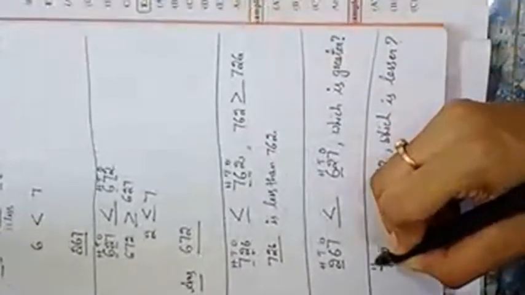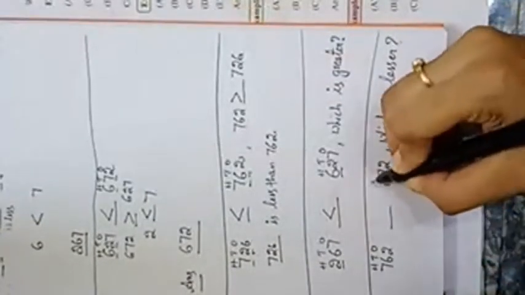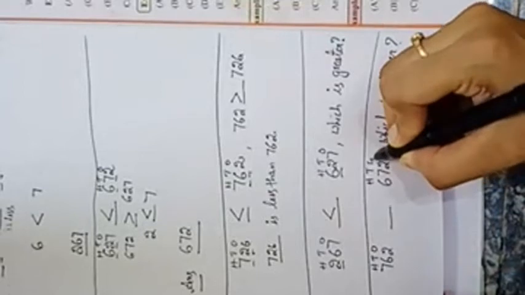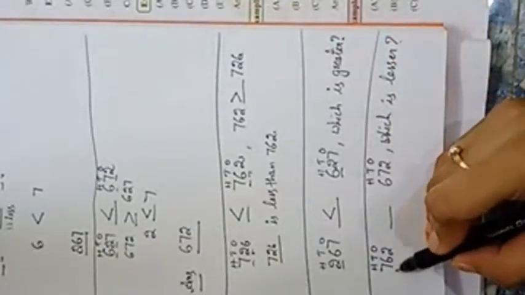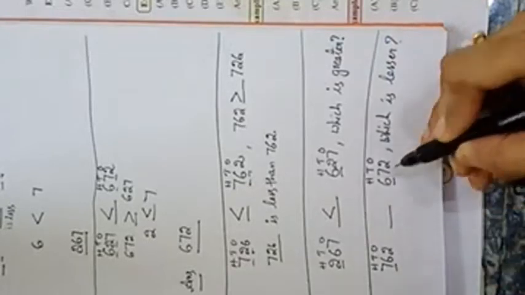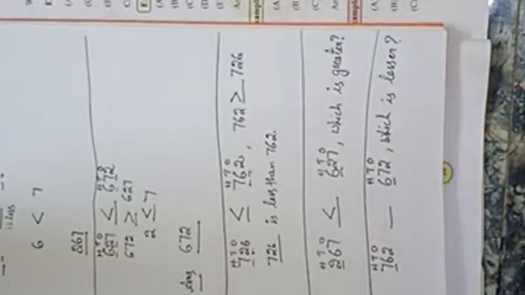He's asking us to find out which is the smaller number between these two numbers. So observe carefully. First you write hundreds, tens, ones. Is that clear? Now, observe the hundreds place number carefully. Here I have 7. Over here I have 6.